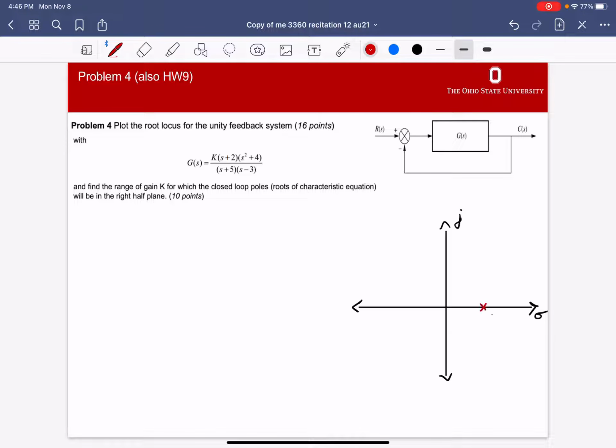So we have one pole at 3, another pole at -5, and then we have zeros at -2, and then -2j, and also positive 2j. If you were to plot this, you will end up with something like that.